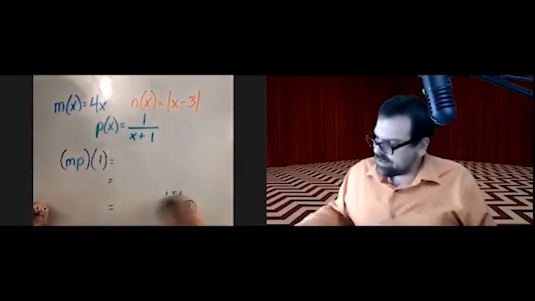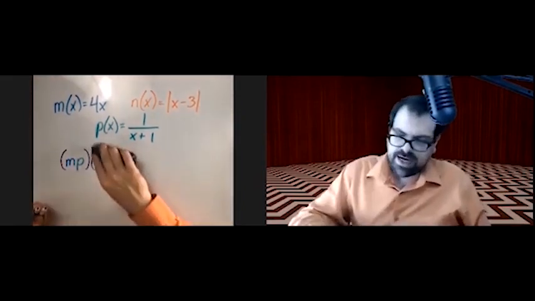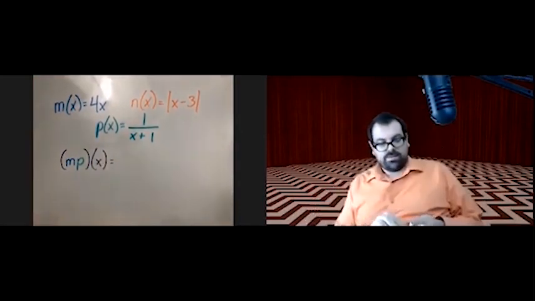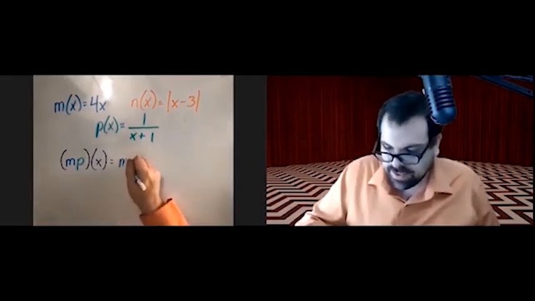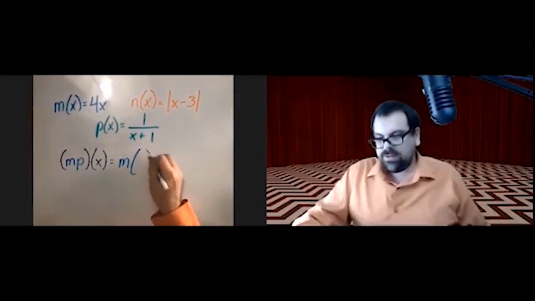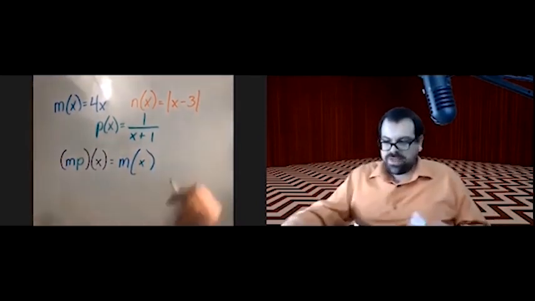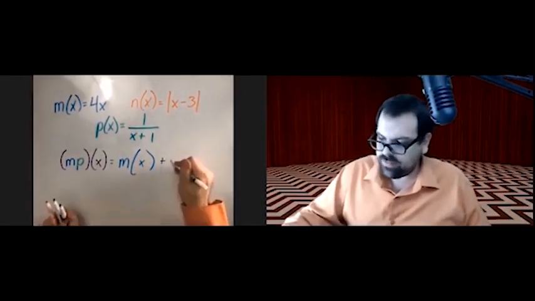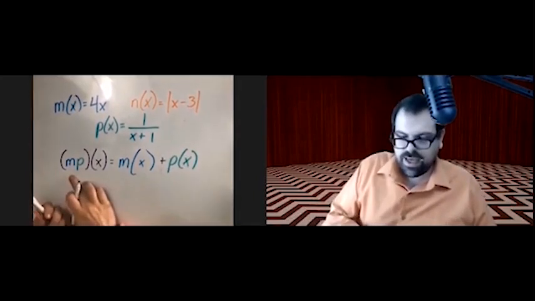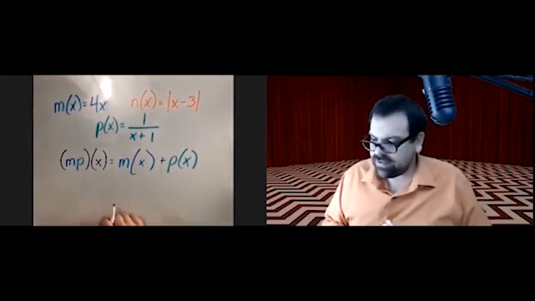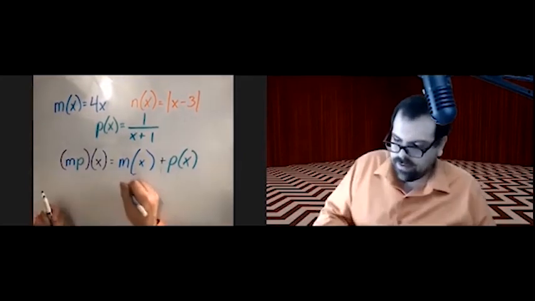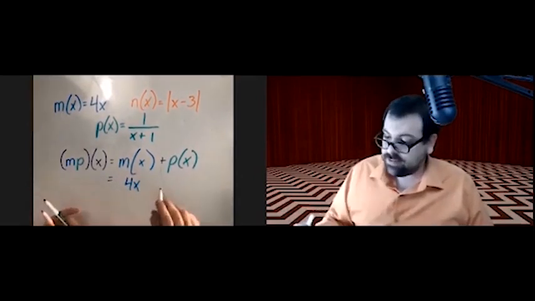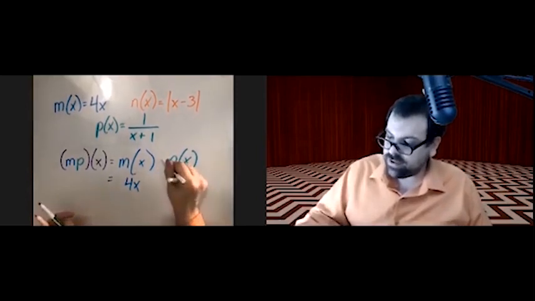For this one, I'm going to get rid of the number entirely. I'd like us to just find mp of x. Well, that's going to be m of x times p of x. We don't have a different number to plug in, so it's just our basic definition. I wrote plus there, but this should just be times.